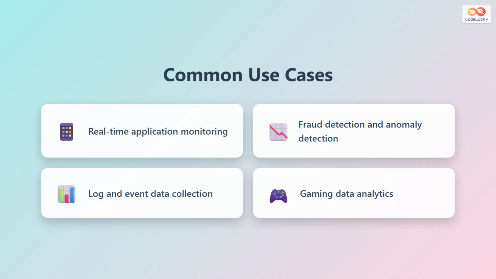Log and event data collection centralizes logs from multiple sources, making it easier to troubleshoot issues and maintain system health. Gaming data analytics processes player actions in real time, enabling dynamic game experiences and immediate insights into player behavior.